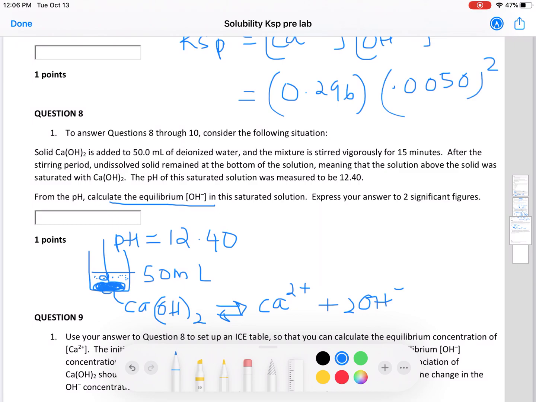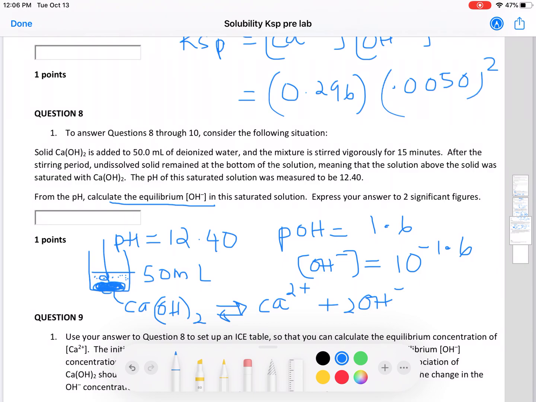The pH is 12.40, so pOH is going to be 14 minus 12.40, which is 1.6, and then you can find the hydroxide ion concentration: 10 to the power negative 1.6.